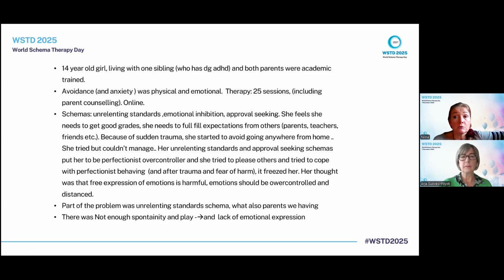She thought that emotions are harmful and they should be really controlled and distanced. Part of the problem was that the parents also had unrelenting standards schemas and were very keen to behave in a good and polite manner. So there was a lack of spontaneity and play and a lack of emotional expression.